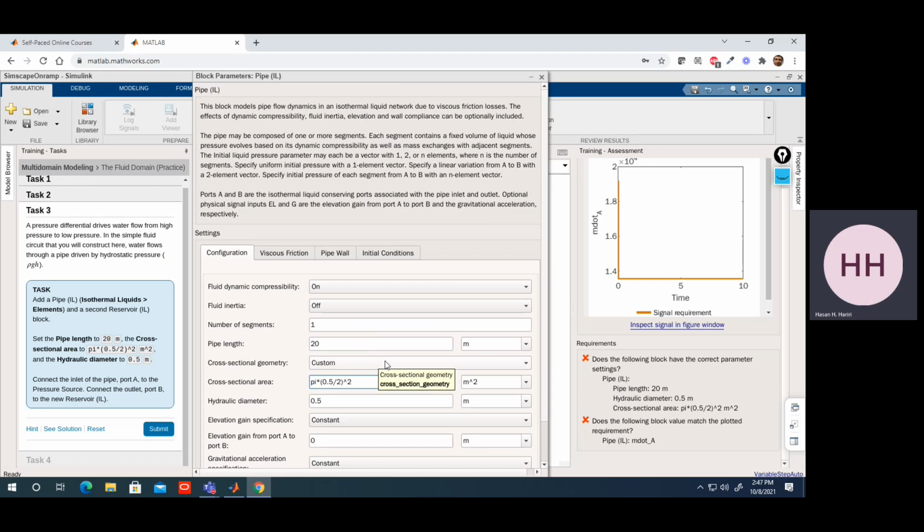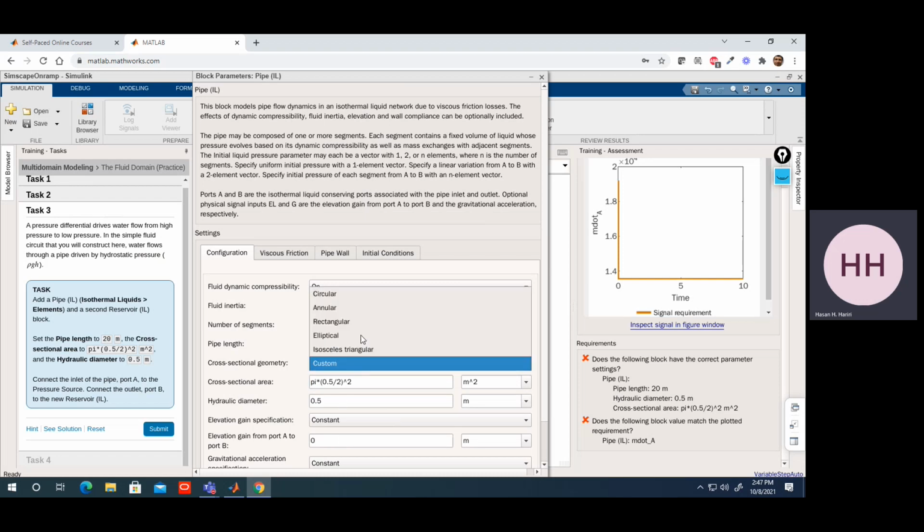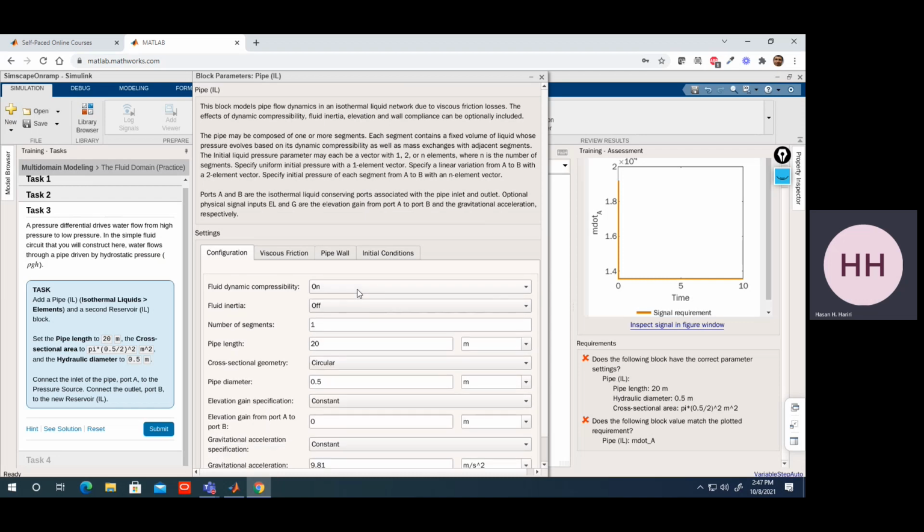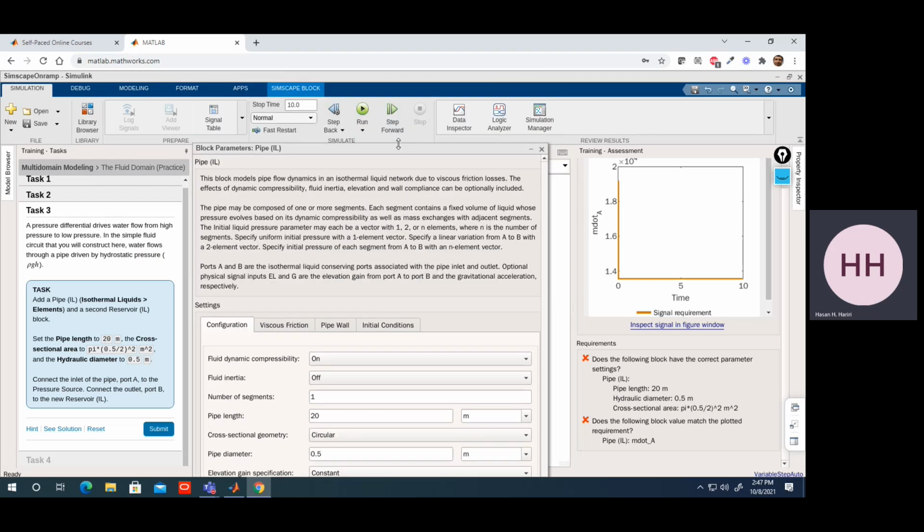I don't know. And the hydraulic diameter is 0.5. The equivalent of it is to say circular, and simply specify the pipe diameter. And this also works. Both are right. I mean, you can work this way.